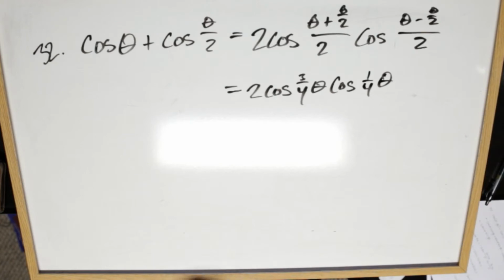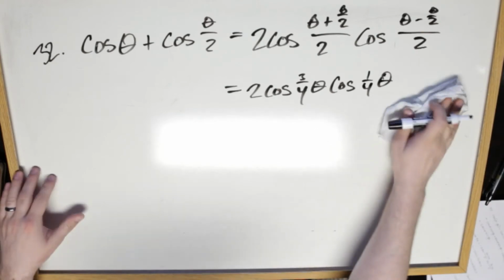Okay, let's go ahead and jump to question number 34. So these are asking us to do a couple different things. In particular, we just need to verify the identity.